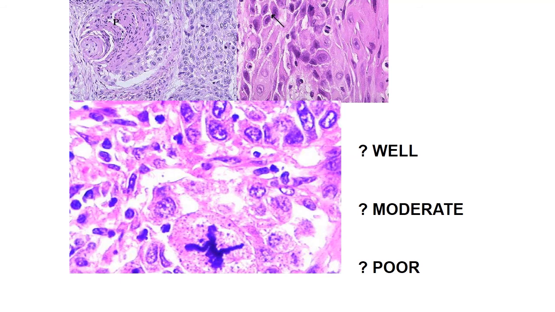The one close to the normal tissue appearance is well differentiated, and one that has lost all its normal characteristics is poorly differentiated or anaplastic, while the one in between these two, loosely termed as moderately differentiated, has some resemblance to the normal tissue, but still you can say that the tissue of origin is that particular tissue.